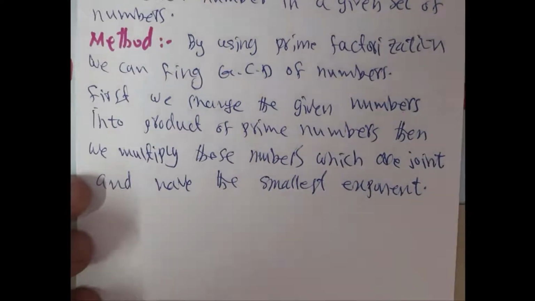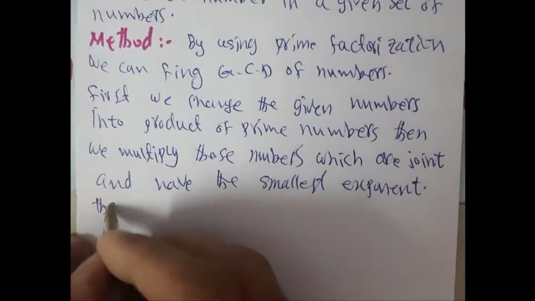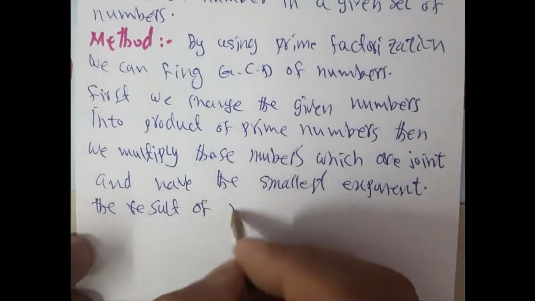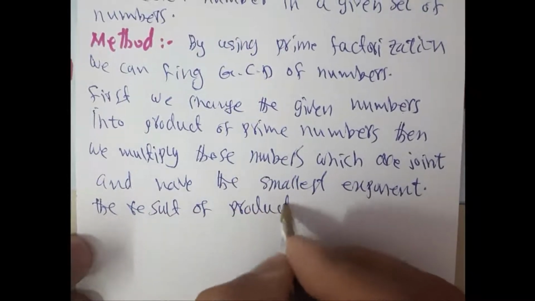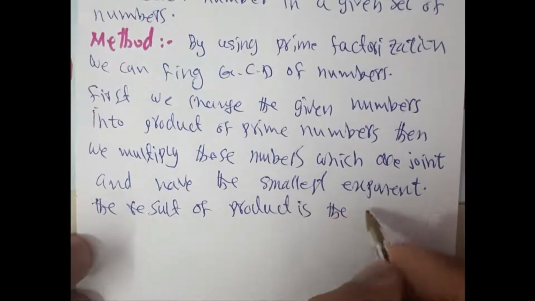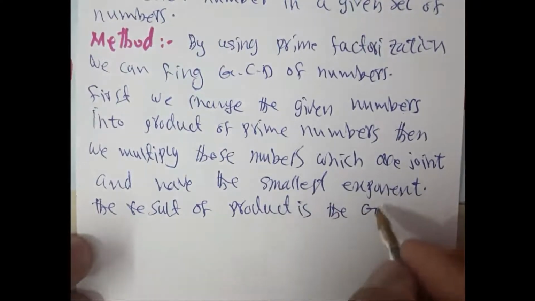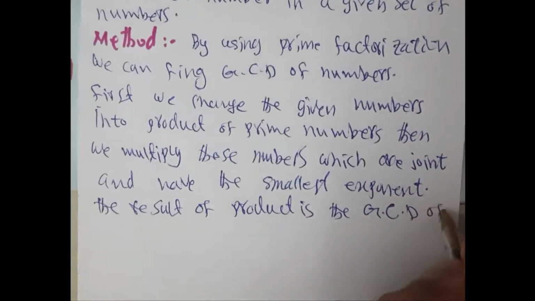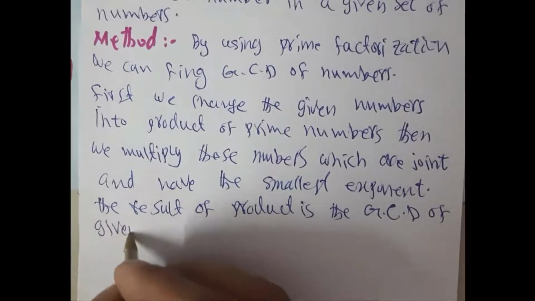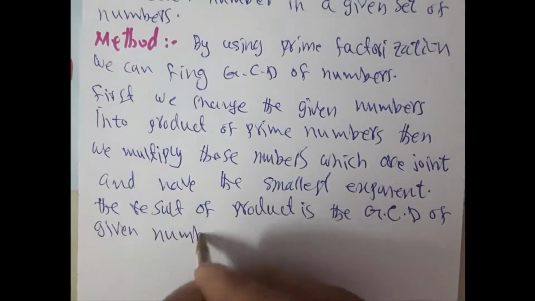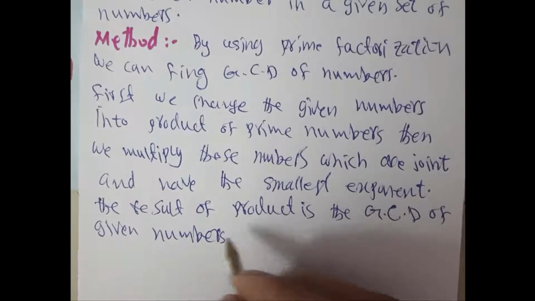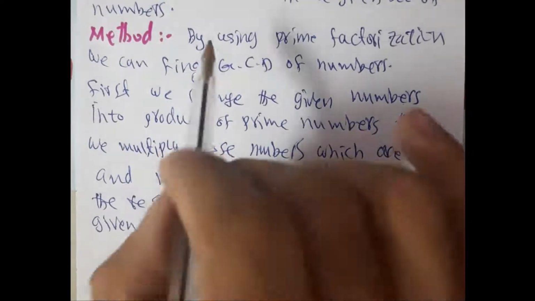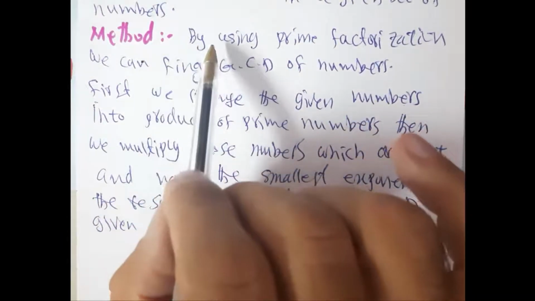The result of the product is the GCD of the given numbers. It is the method of finding the GCD of numbers.